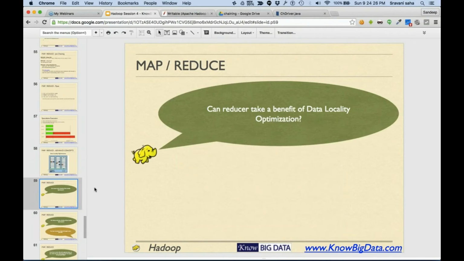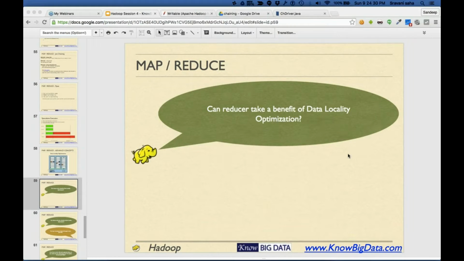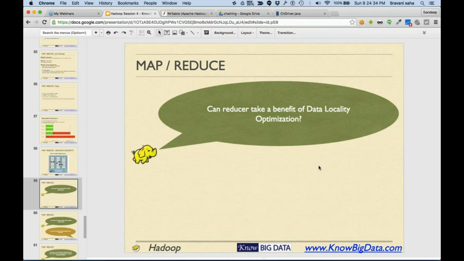Alright? Now, a quick question to all of you: can the reducer take the benefit of data locality optimization? After the map task finishes, all of this data has to be brought to a single or multiple nodes, right? It has to be transferred.